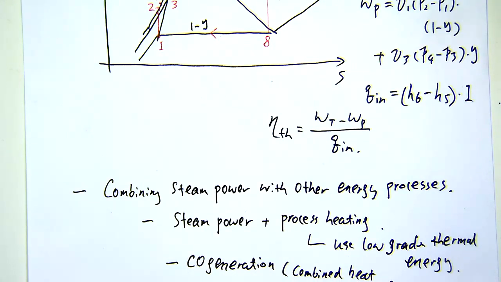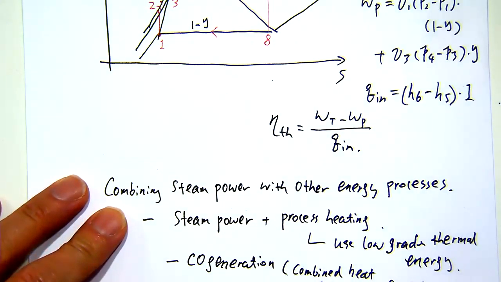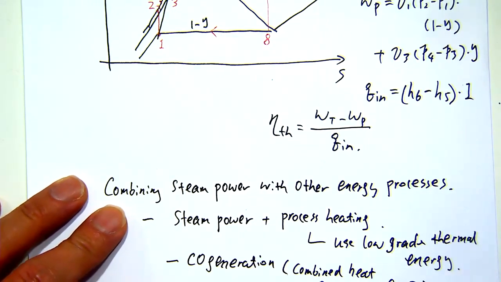So we don't define this as efficiency, but as a utilization factor. It is defined as the useful output versus the required input. Useful output includes the turbine work output and the heat for the process heating purpose, as well as the Q. Maybe I should use a lowercase q, and the Q of your input.